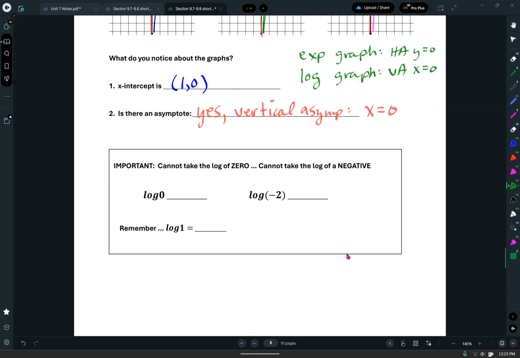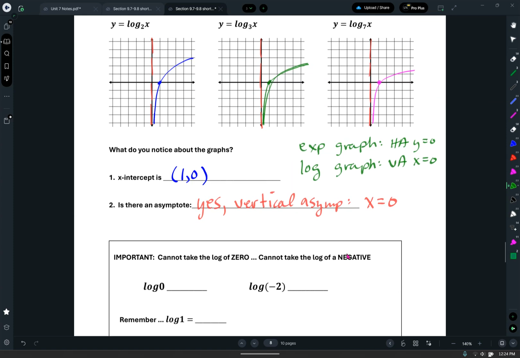Well, you cannot take the log of 0. If I look at these graphs up here, these are log graphs.